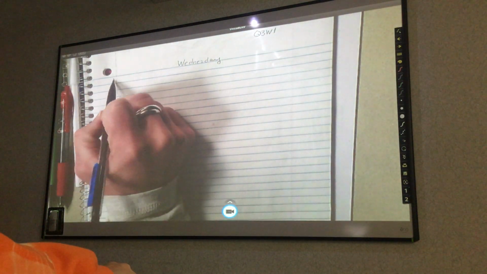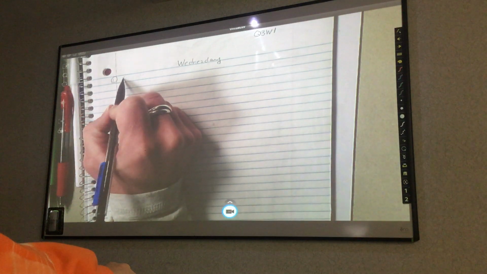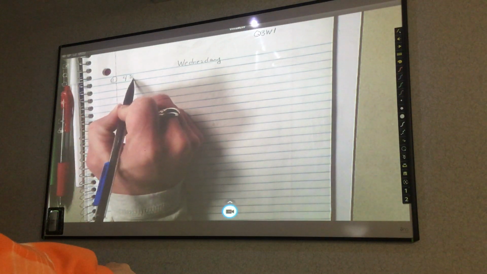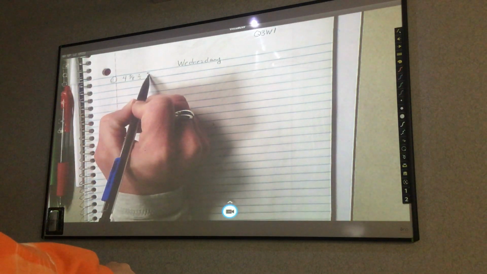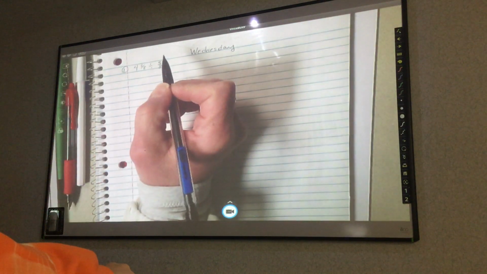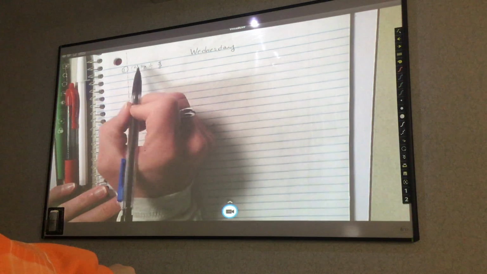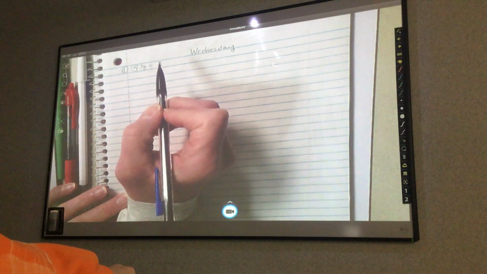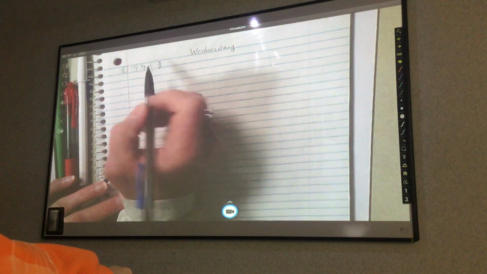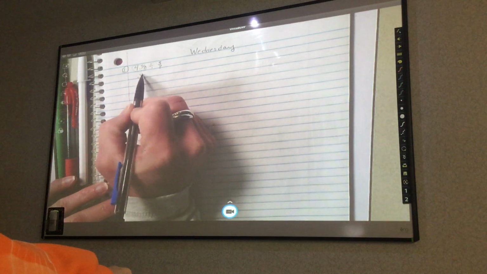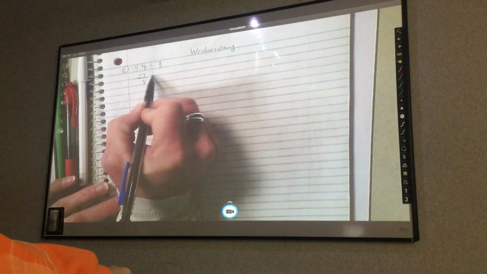So I need to write 4 5/8 divided by 5/8. As always, you change your mixed number to an improper fraction, and then 8 times 4 is 32, plus 5 makes, so I have 37/8 divided by 5/8.